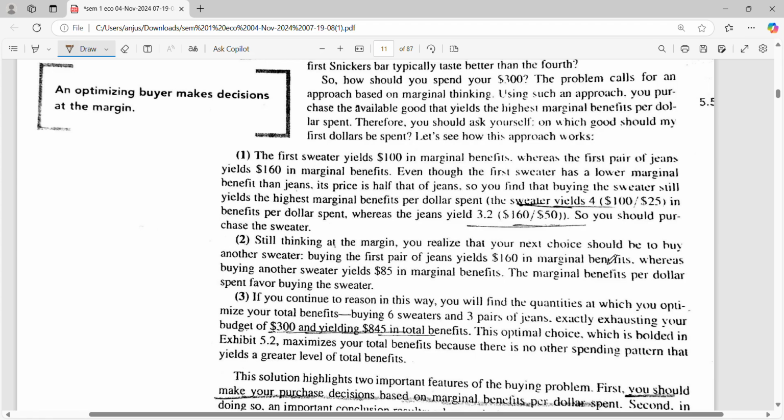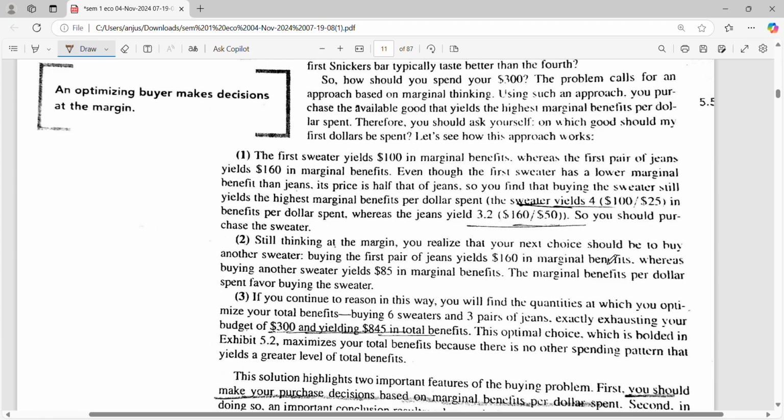The marginal benefits per dollar spent favor buying the sweater. So you just go with the sweater again. If you continue in this way, you will find the quantities at which you optimize your total benefits: buying 6 sweaters and 3 pairs of jeans.